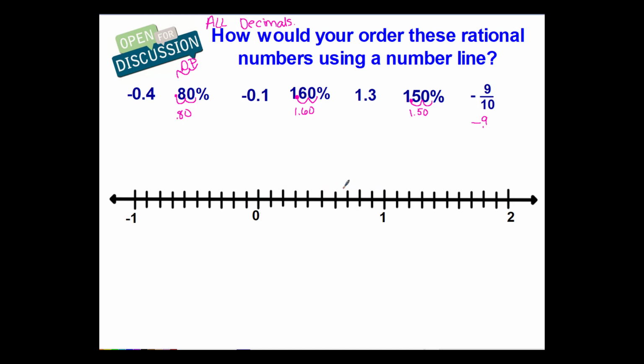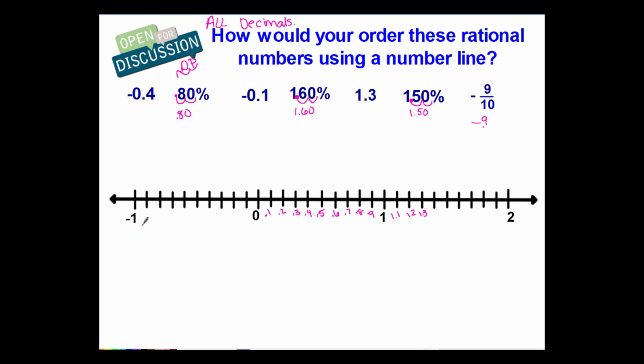So I have 10 spaces, which means that they're split into tenths. So this would be 1/10, 2/10, 3/10, 4/10, 5/10, 6/10, 7/10, 8/10, 9/10. This would be 1.1, 1.2, 1.3, so on and so forth.